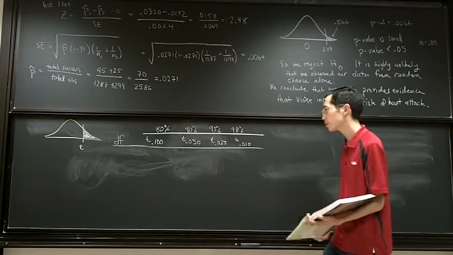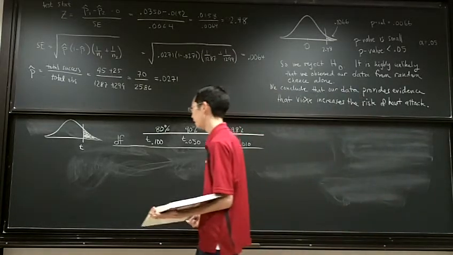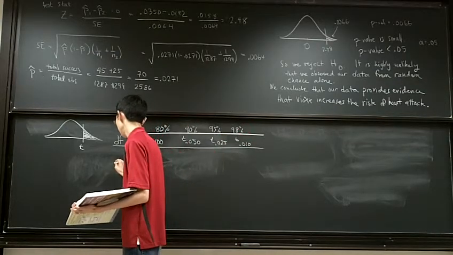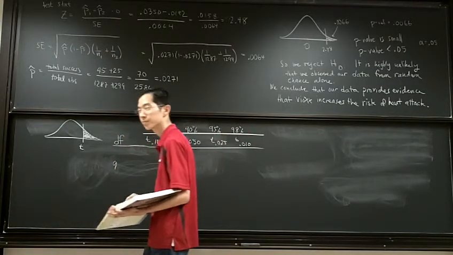So let's say we have a problem where we have 9 degrees of freedom.